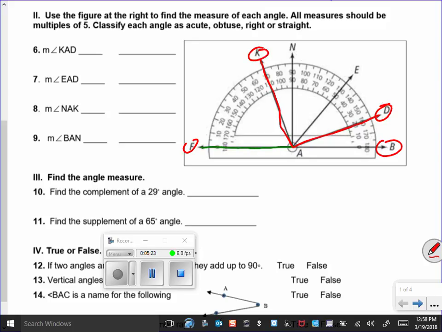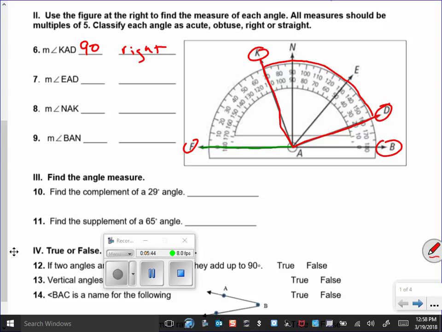That will give you your measure. So if I started at 70, I'll go 10, 20, 30, 40, 50, 60, 70, 80, 90 degrees. So angle KAD is 90 degrees. And yes, 90 degrees are right angles.